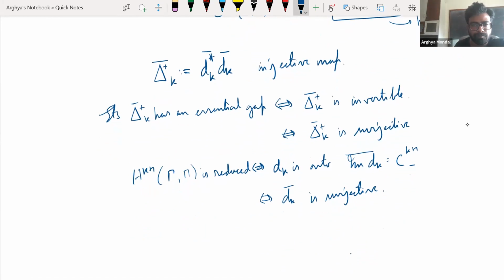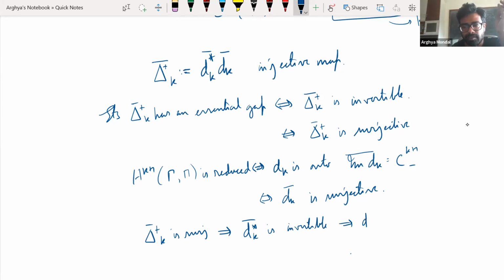And now it is kind of clear. So this delta plus k bar is surjective. This of course implies that dk star bar is surjective. In fact, it is invertible. So its adjoint, dk bar, is invertible, and in particular surjective.